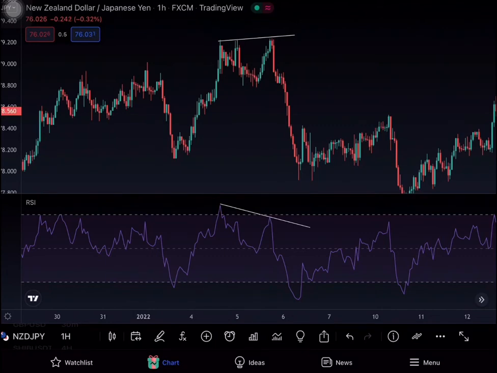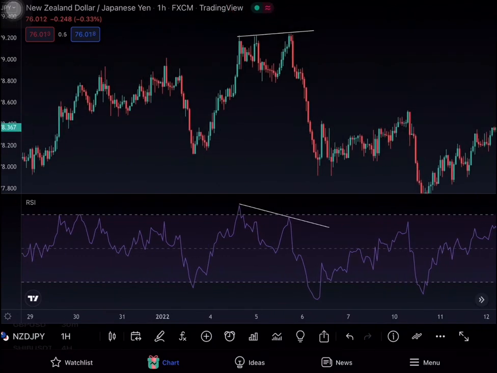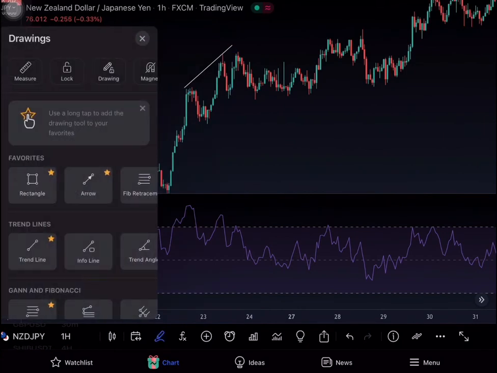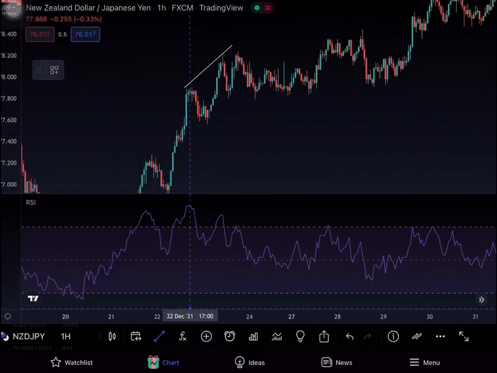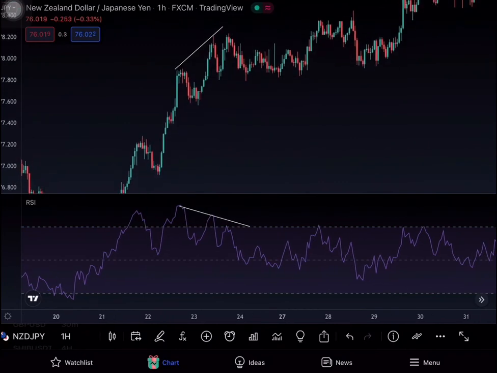So I found another example for divergence. As you see, we had a break and the NZD to yen chart melted after the second touch of the divergence, okay? A failed divergence. As you see in here, we have a higher high, but in RSI we have a lower high that is showing us a great divergence.